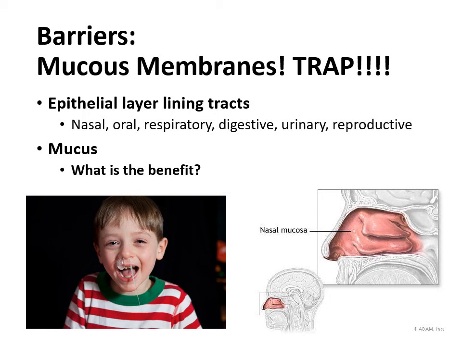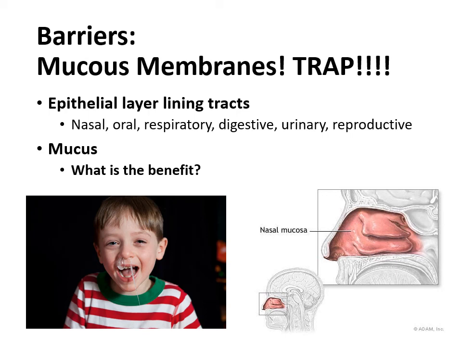Your mucus lines all of your very important tracts, such as your respiratory tract, your digestive tract, all the ones that I listed out in the first bullet point. And the benefit of this gross, globby, sticky kind of mucus is the fact that it's what we call viscous, V-I-S-C-O-U-S, which is a fancy way of saying it's sticky, right?